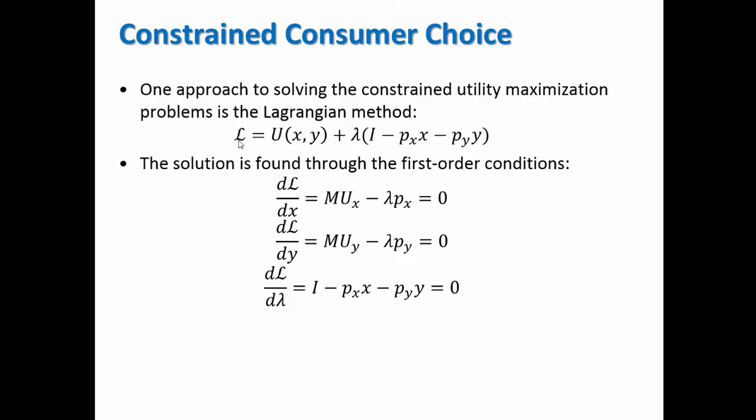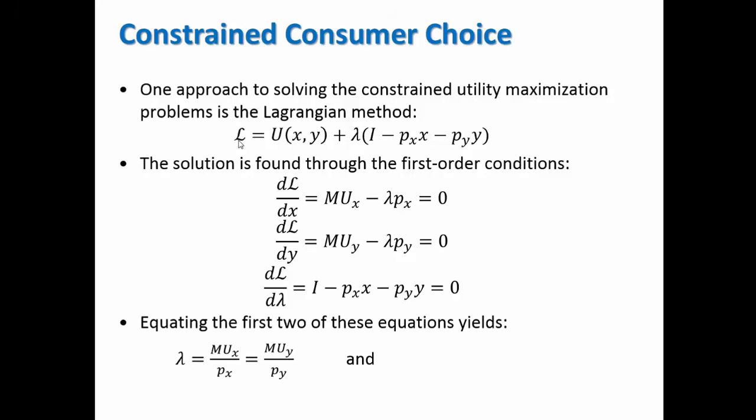What you'll see next through example is how we can use these 3 first order conditions to solve for the 3 unknown variables of x, y, and lambda. That is, we have a system of 3 equations in 3 unknowns that we can use to solve for those unknowns.